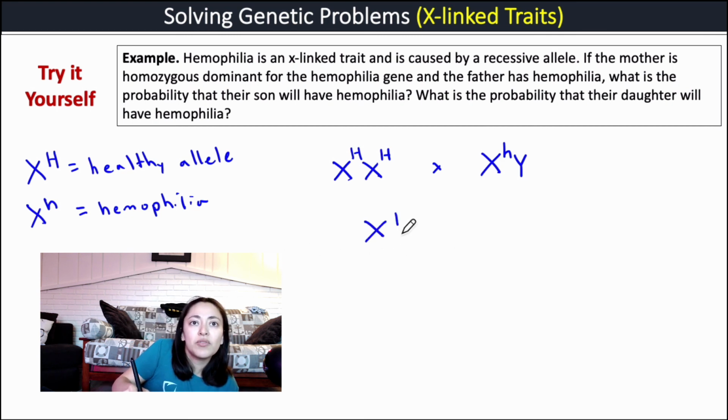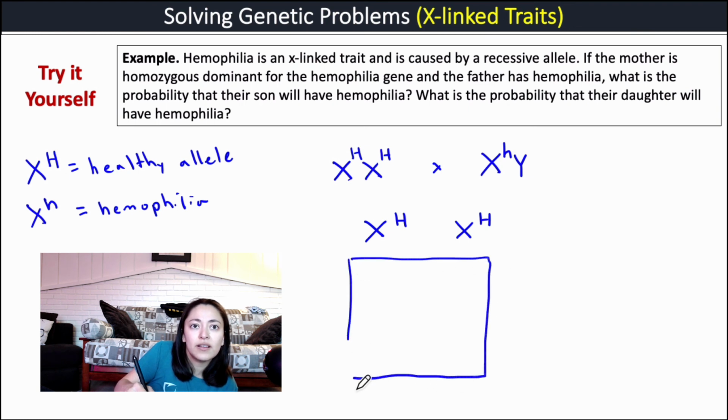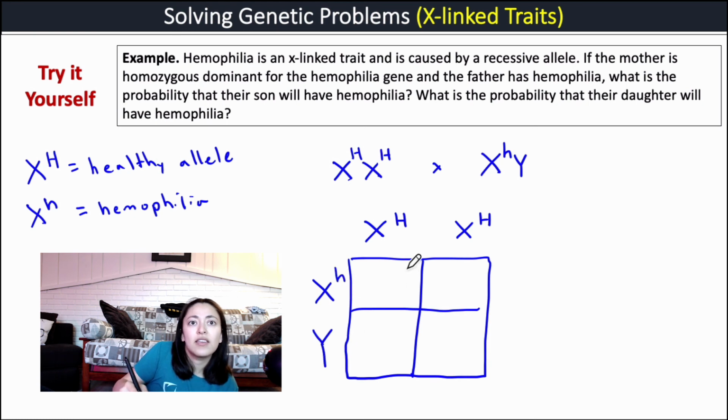So I just separate their alleles. So this is for the mother on the top of my Punnett square. On the side, I'll do it for the father. And then I combine the letters or the gametes in the middle here to look at the possible offspring.